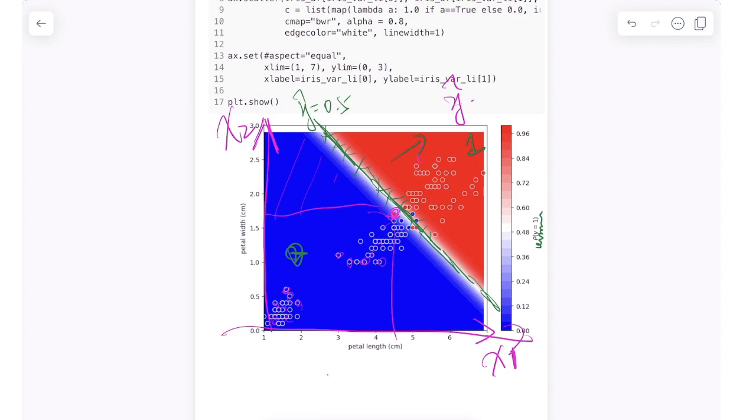So sometimes when you use logistic regression for classification problems, you should not only output its class value, equal to 1 or equal to 0. You should output its corresponding y-hat value, which means the probability. Because for some data points, for example right here, the y-hat value is very, very close to 0, so you have very good confidence that those data points should be classified into class 0.